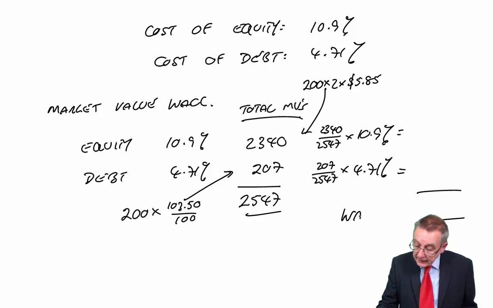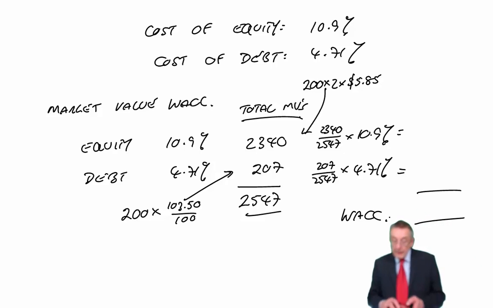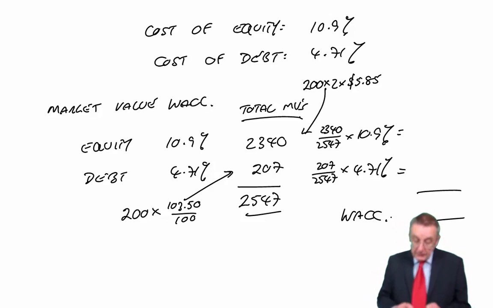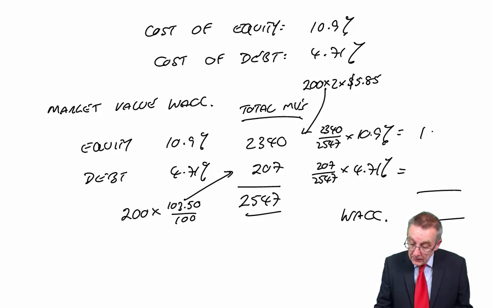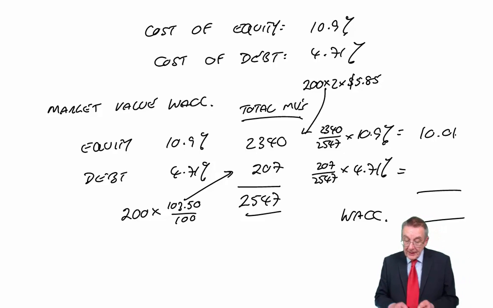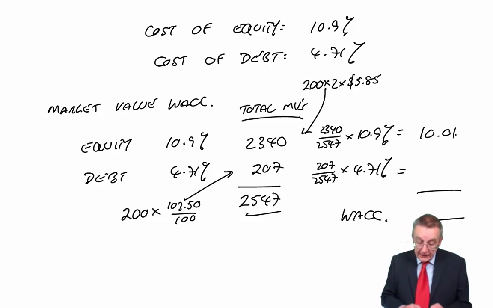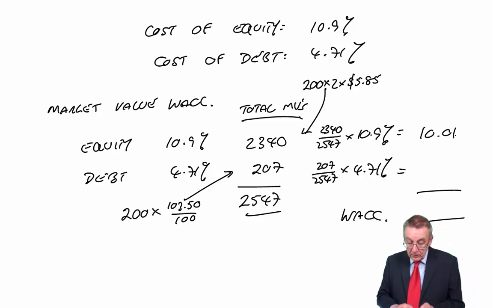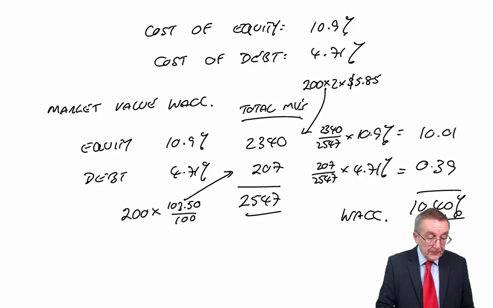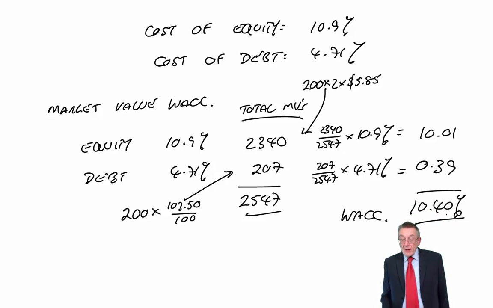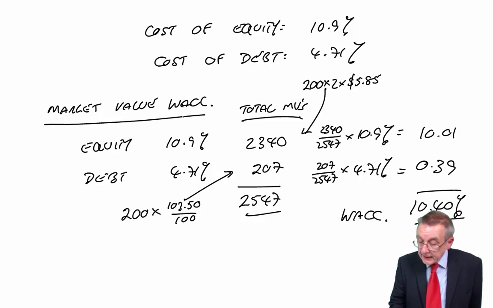Giving me a weighted average cost of capital: 2340 divided by 2547 times 10.9 is 10.01. 207 divided by 2547 times 4.71 is 0.38, 10.40%. So there's the market value weighted average.